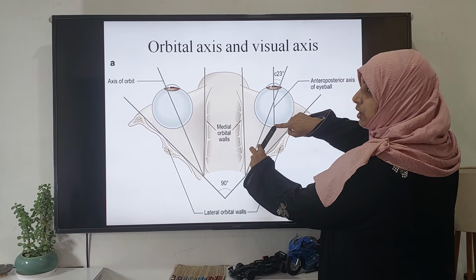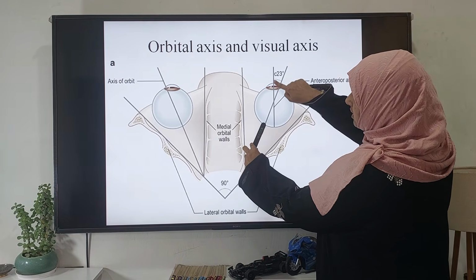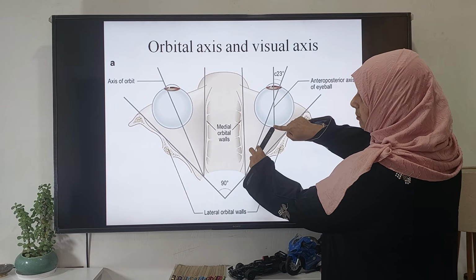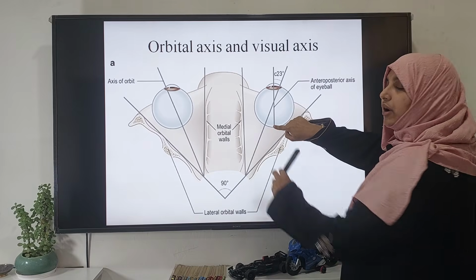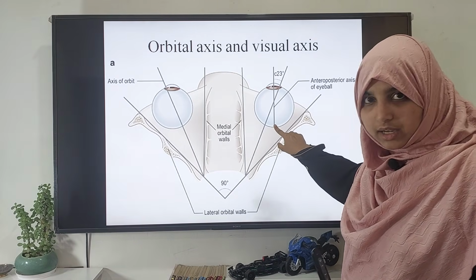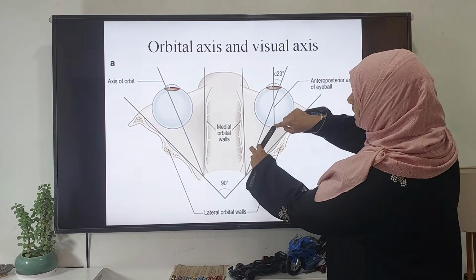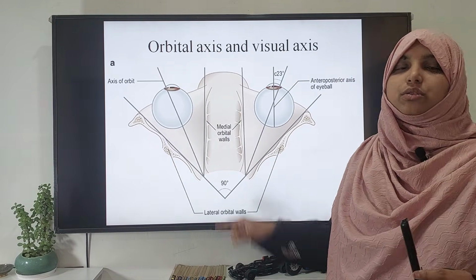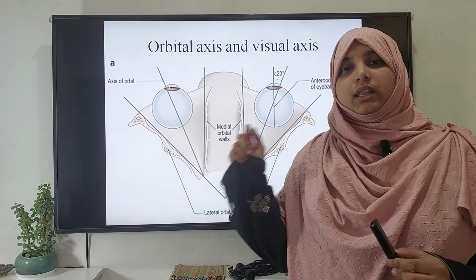Why not? Because when light rays are passing here and fall at this point, and the optic nerve is attached here, there is a point called the blind spot in the retina. When the optic nerve is attached at this point, that point is going to have a blind spot, meaning there are no rods, no cones in that spot.